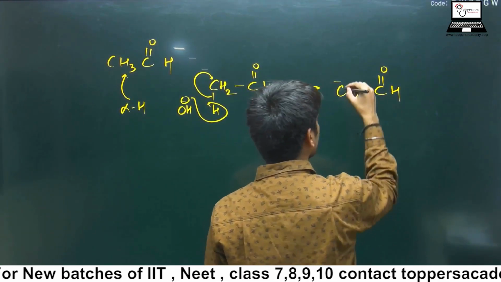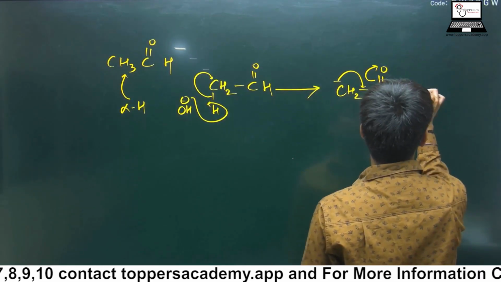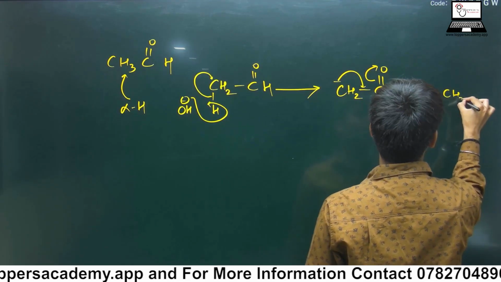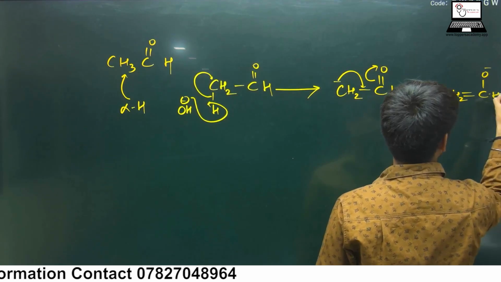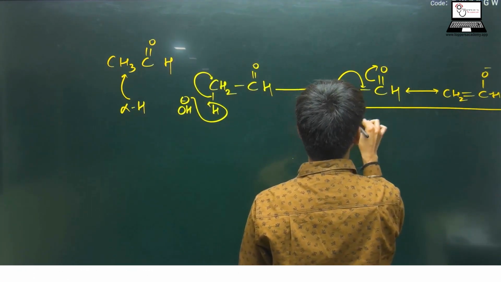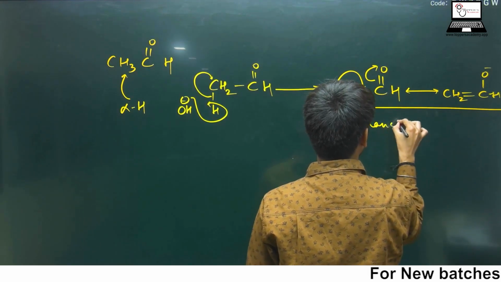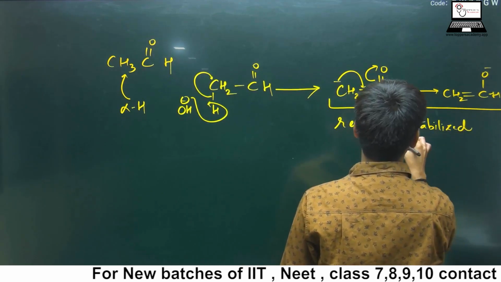Now this carbonyl, if you see carefully, is resonance stabilized, and this is an enolate ion. So this is basically your resonance stabilized anion.